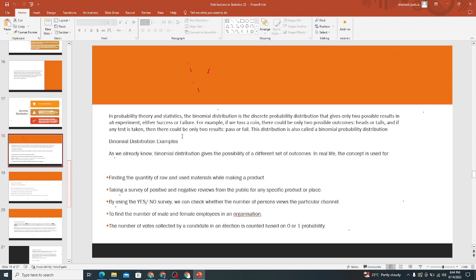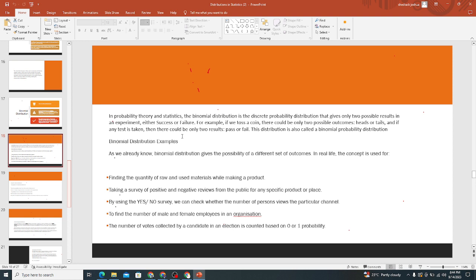If I can remember, during our introduction I said that for the binomial distribution we only have two possible outcomes. Like when we toss a coin, we get either a head or a tail.